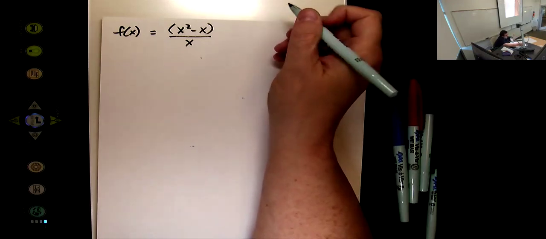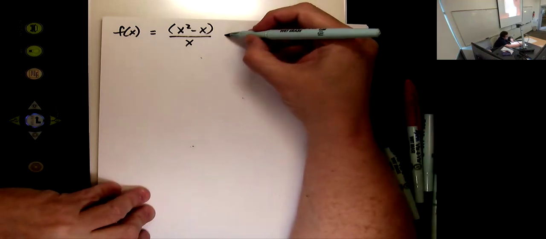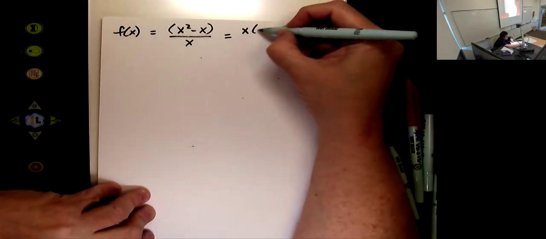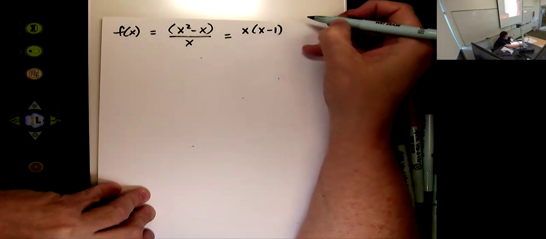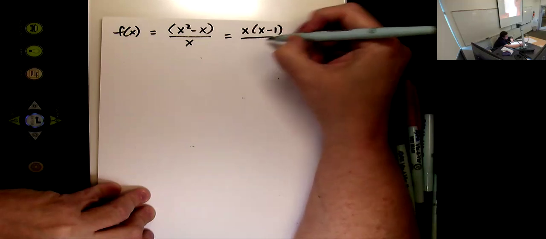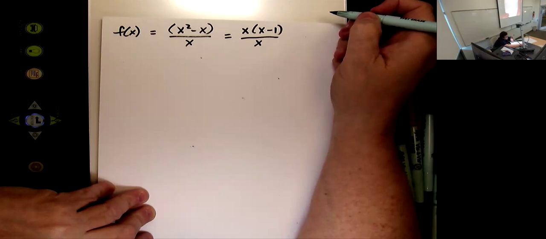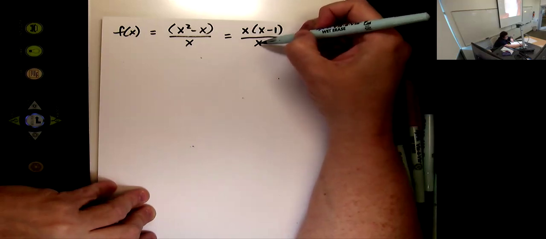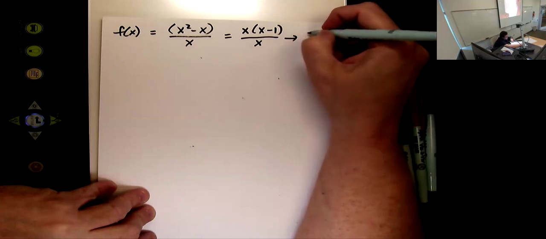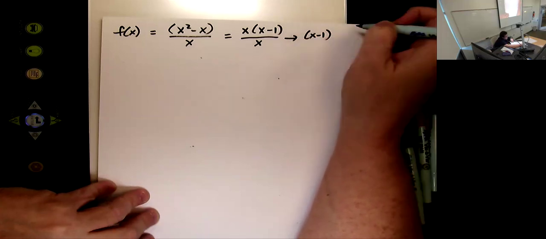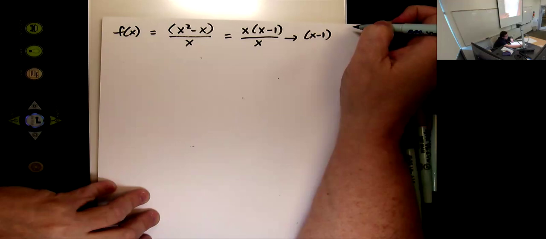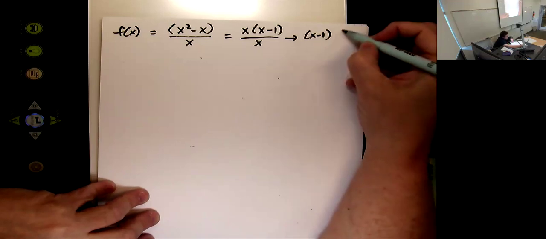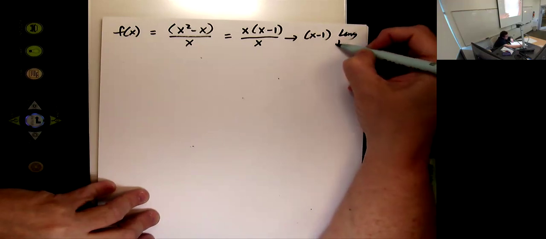Okay, so I want to note that if we factor, this is x times x minus 1 over x. And if these were any two other numbers, not x, we could cancel and just say this is x minus 1. When we do our long division, we're going to get x minus 1.